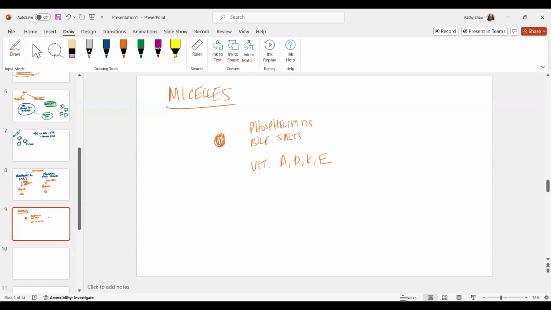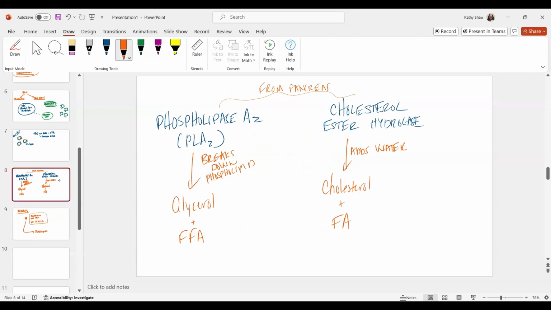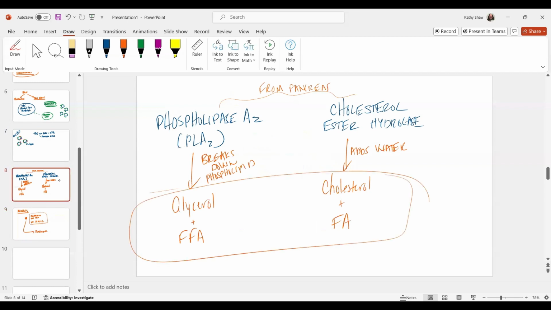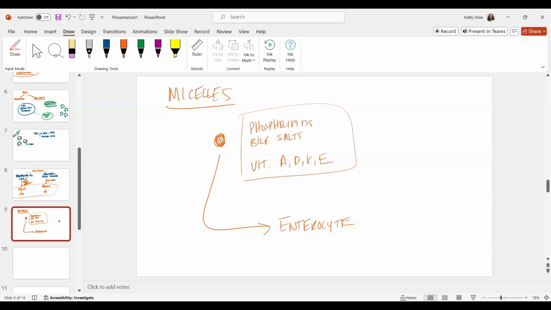Now, with all that, we can go to the usual place. We can go to the enterocyte. What's interesting, though, all of this stuff, or most of this stuff, and all of the stuff that we just made on previous slides, this is all going to go to the enterocyte, except for some of the bile salts.